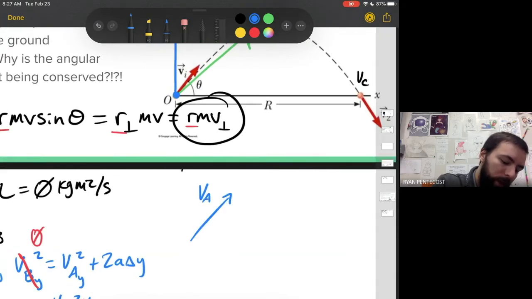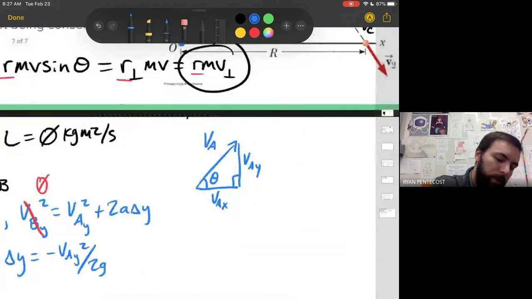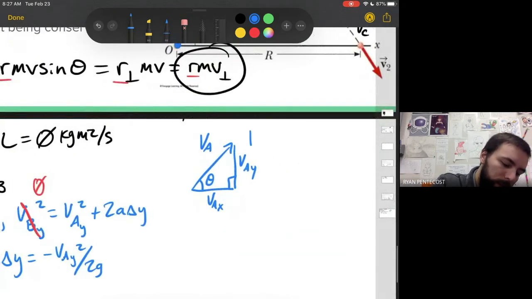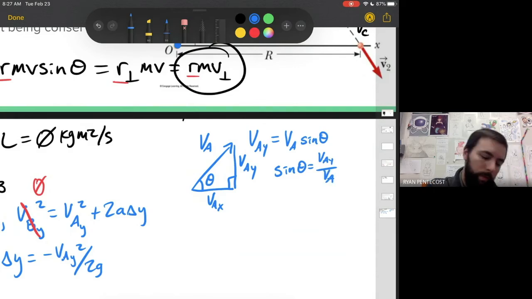We also know that VA in the Y, if we look at the launch, this is VA. Here is our angle theta, so this would be VAX and VAY. Here we can see that VAY equals VA sine theta, because sine theta equals VAY divided by VA.